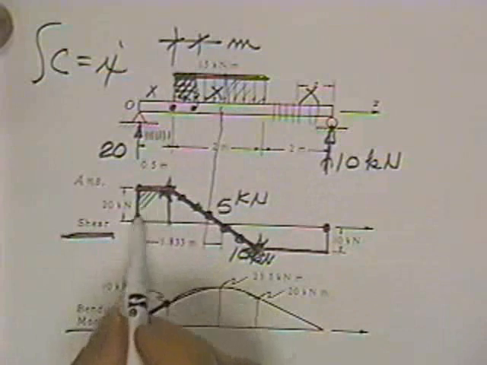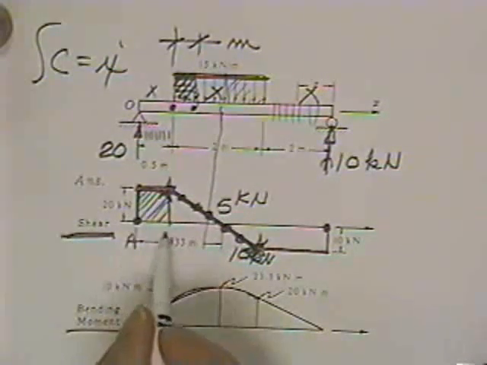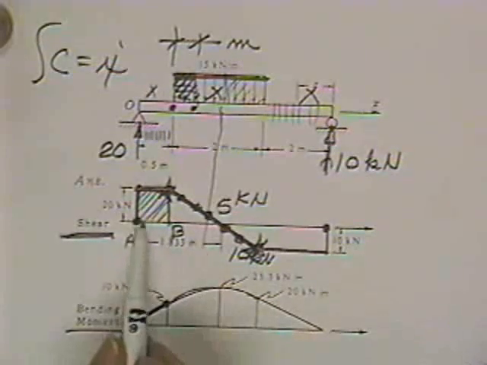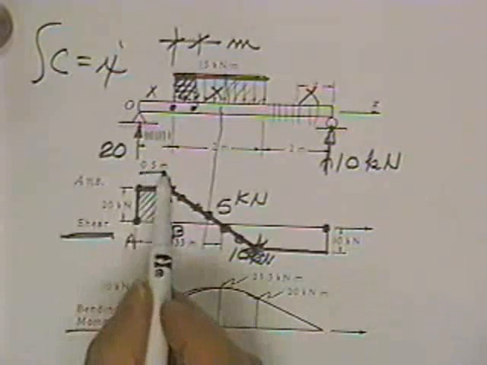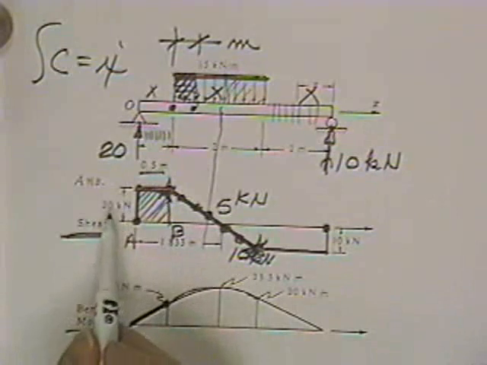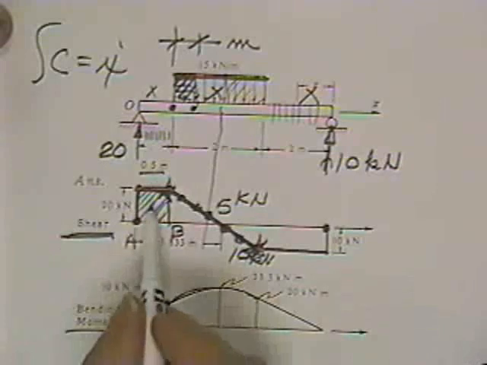This shear diagram has an area as you go from point A to point B. As you go from A to B, you cross a half of a meter, 0.5 meters, times 20 kilonewtons tall, so that would be 10 kilonewton meters.